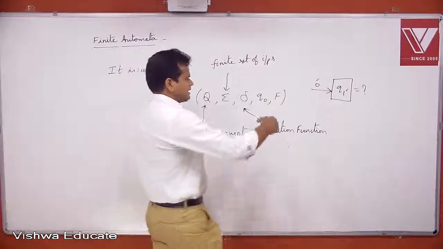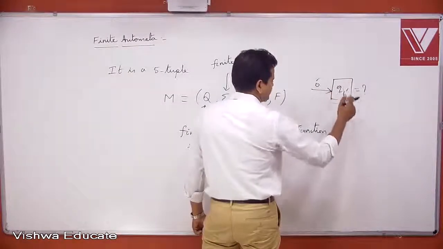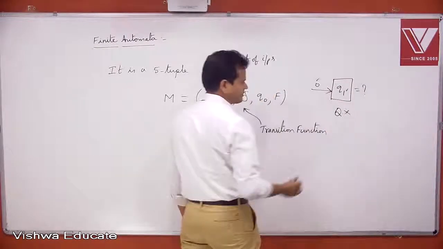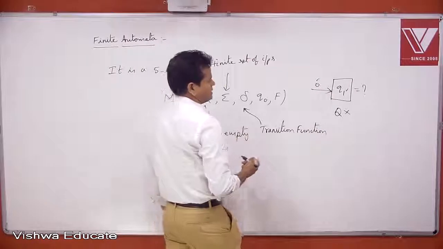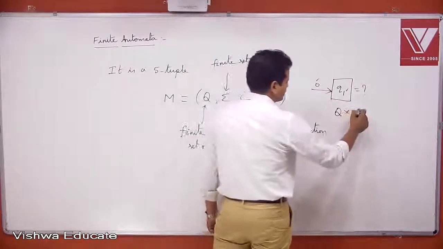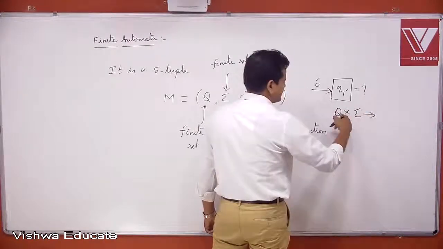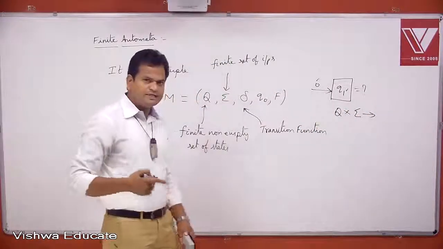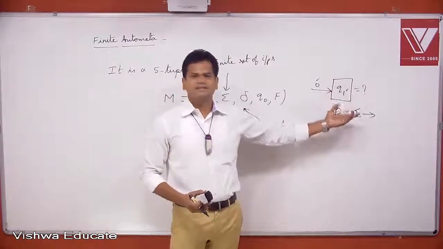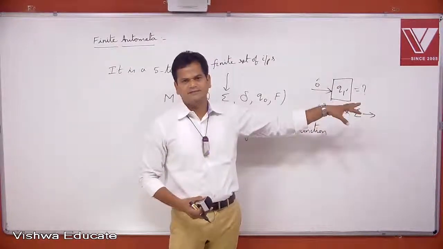So, the next state depends on the present state. A state is one of the elements from Q, the set of states, and depends on the present input. Input is one of the elements from sigma. So, it takes a state and input, and based on these two, the next state will be given. The next state may be the same, or it may be a different state.